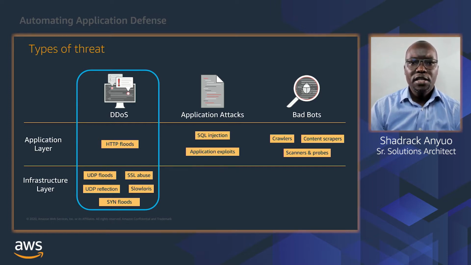They are always large in volume, and the intention is to overwhelm your network capacity or tie up your application resources. Since they are easy to identify, to effectively mitigate them, you must have an architecture that scales up capacity more rapidly than the inbound traffic flood to absorb the extra attack traffic. And that will allow your application to respond to your legitimate users.